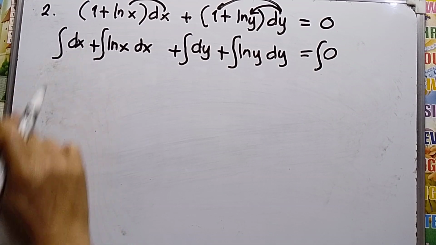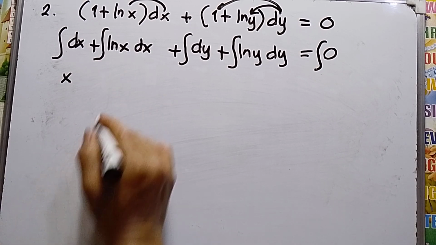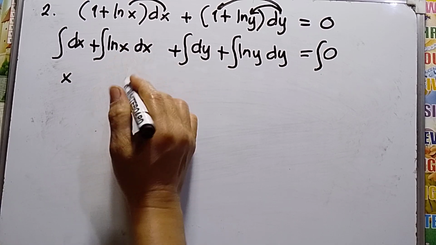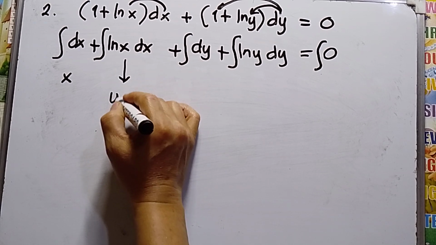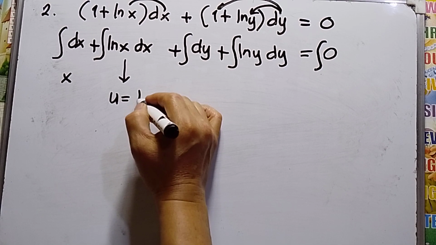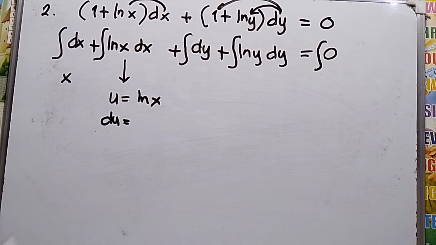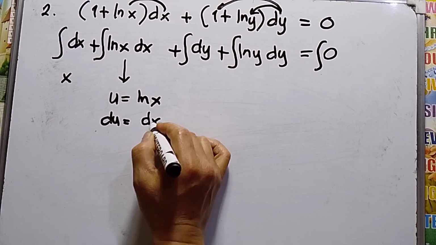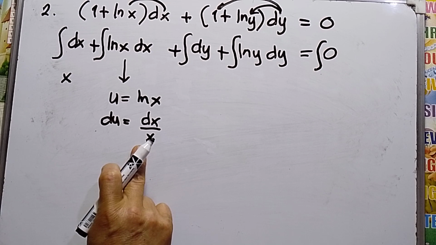So integral of dx is x. How about this one? I need to use integration by parts. So u will be ln x. Derivative of ln x is dx over x. This is taught in differential calculus.